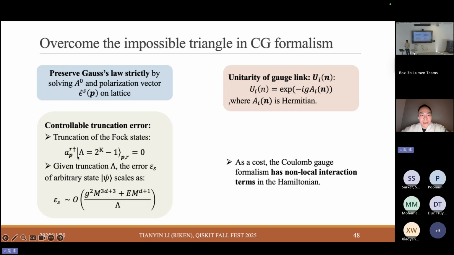So we can create more and more photons for a given P and R by adding the A dagger to the vacuum, but we have truncated the Fock state to lambda, which means that if we take the Fock state with photon number lambda and act on this state with A dagger, we will get 0. This is the truncation.